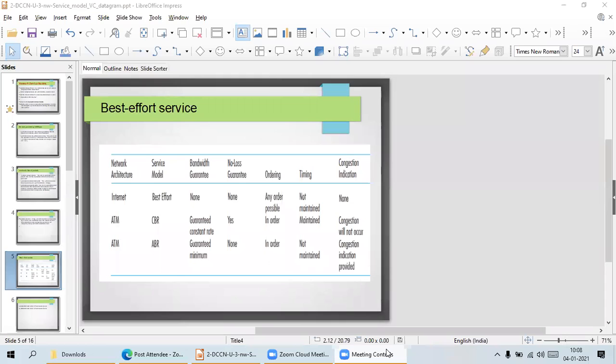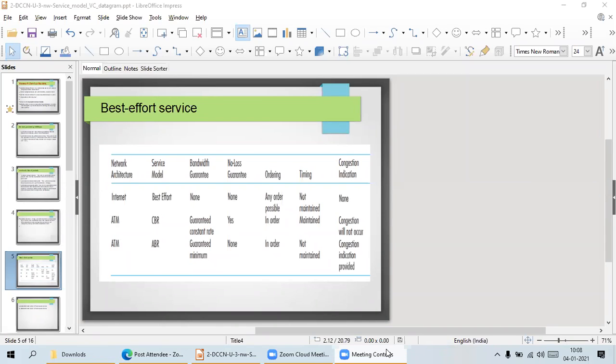Next, congestion indication provided. That means if the link is busy, your service model is going to send some indication to the sender or receiver.